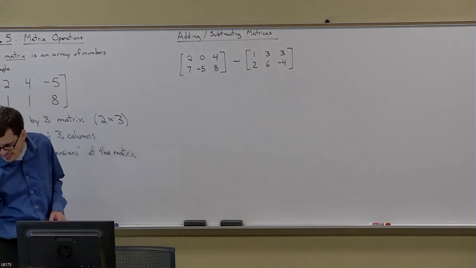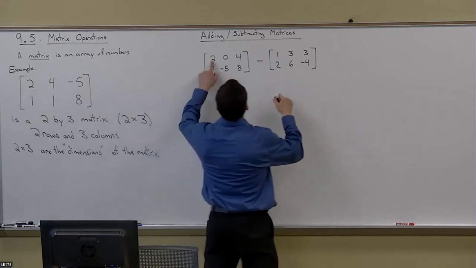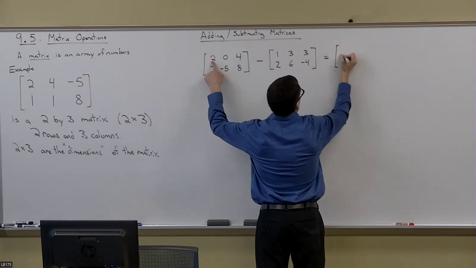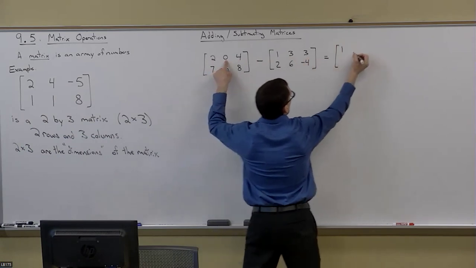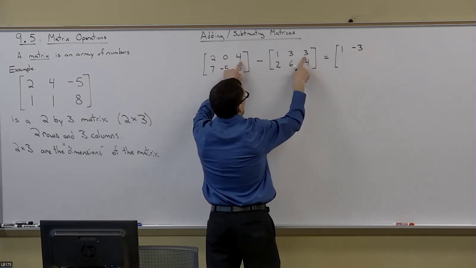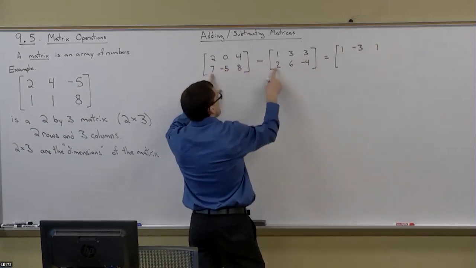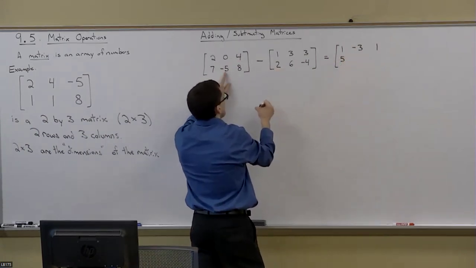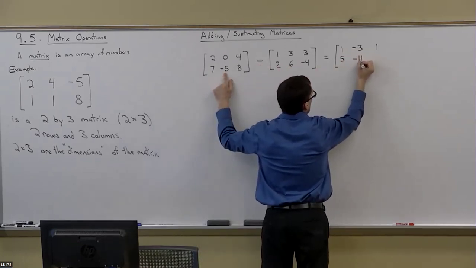And we're going to subtract in that way. So we do 2 minus 1. That gives me 1. 0 minus 3 gives me a -3. 4 minus 3 gives me a 1. 7 minus 2 gives me a 5. -5 minus 6 gives me a -11.